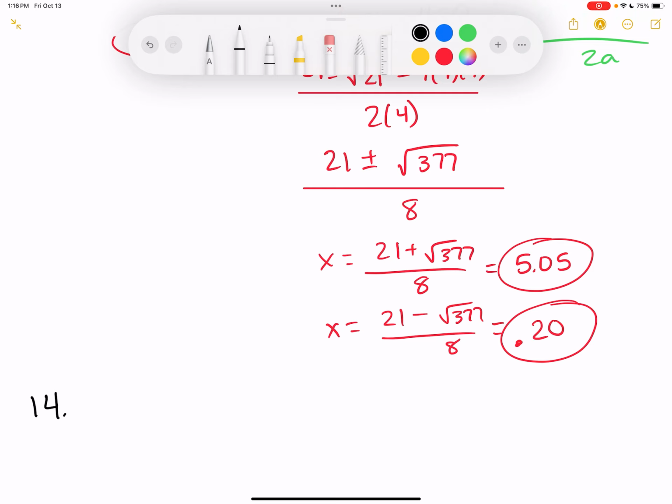All right, so this says let y equal (x squared plus 3) divided by x, and that's how they write it.